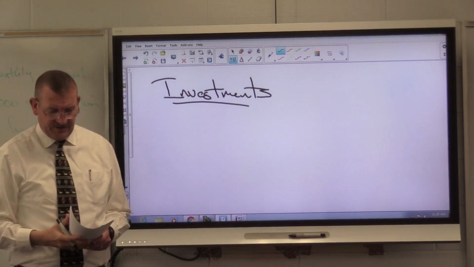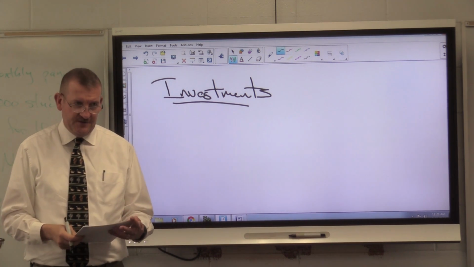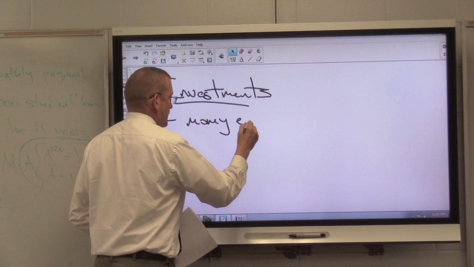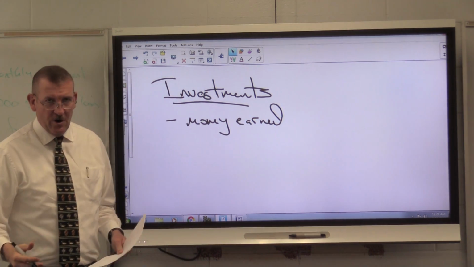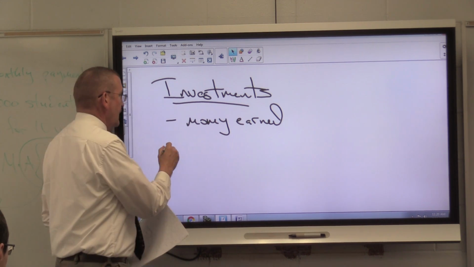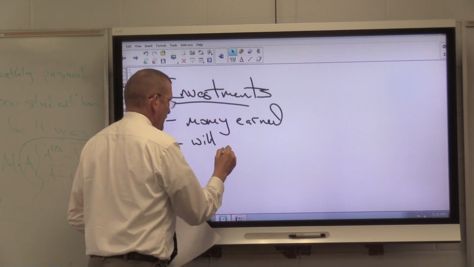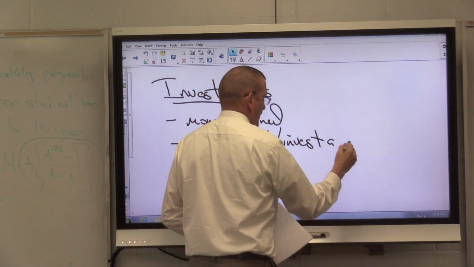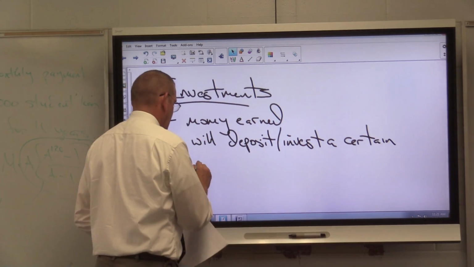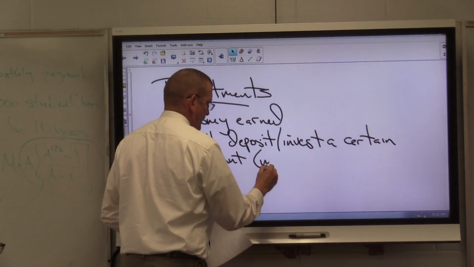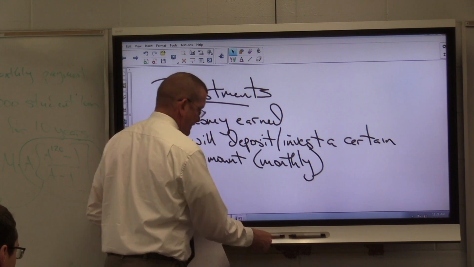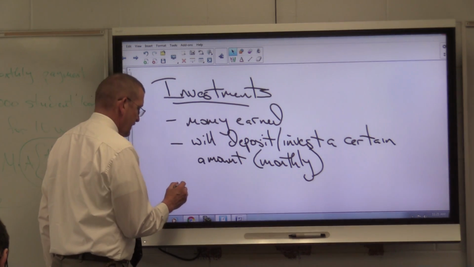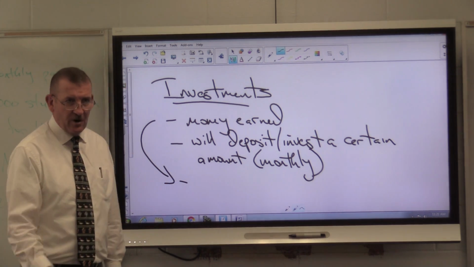Now I want to take a quick second and talk about investments. Investments are money earned, where I deposit a certain amount, typically a monthly investment, and earn money.